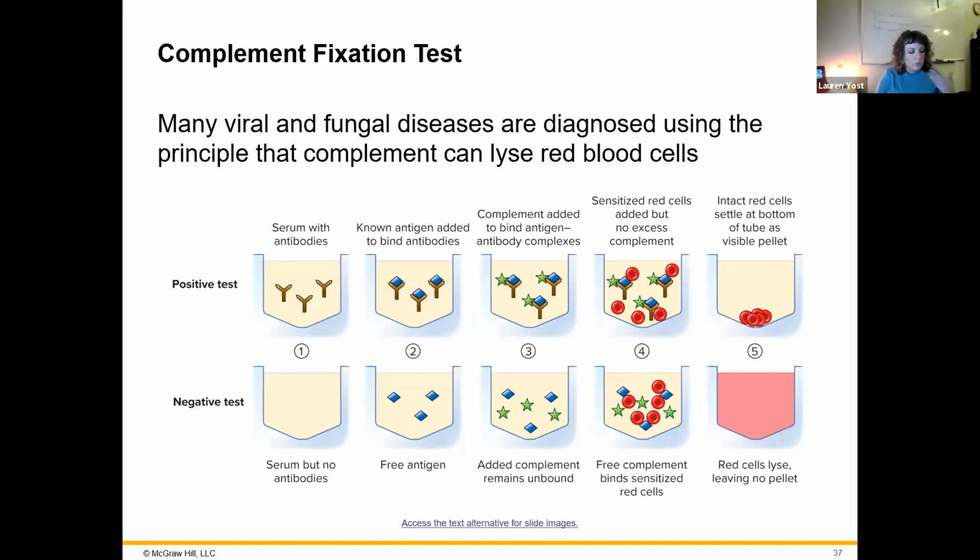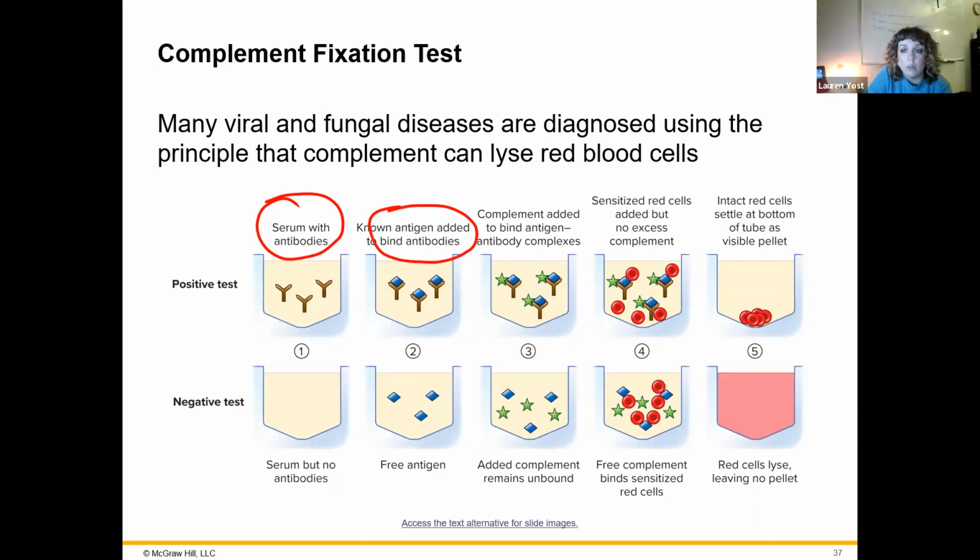This is just utilizing the concept of complement and its ability to break open cells with the membrane attack complex they can form. Utilizing that to see whether or not patients have antibody. But how does that work? So essentially, if you do have antibody against whatever pathogen, basically, we take your serum, you have the antibody, we mix in our known antigen.